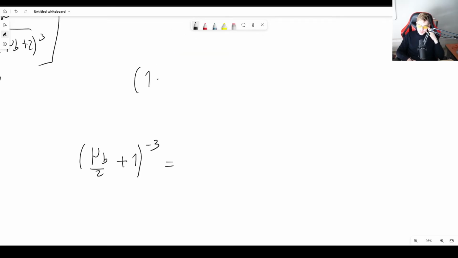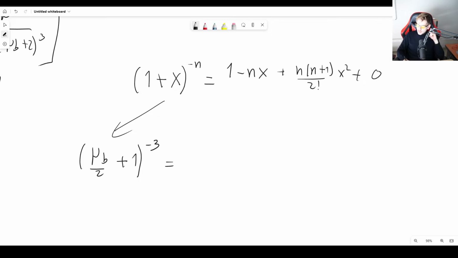And we know that the generalized 1 plus x to some minus n power will be 1 minus n times x plus n times (n plus 1) divided by 2 factorial times x squared, and then minus some higher order terms. We don't want to go over mu b squared, and mu b is our x, so we don't really care about these higher order terms.